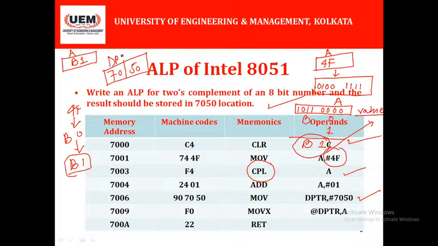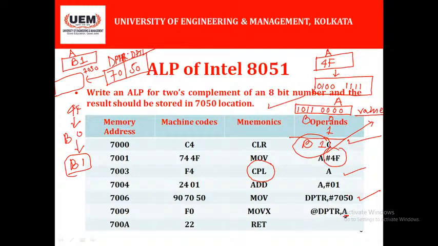That is DPH and that is DPL. That's the value. Now naturally this register is going to point to the 7050 location.